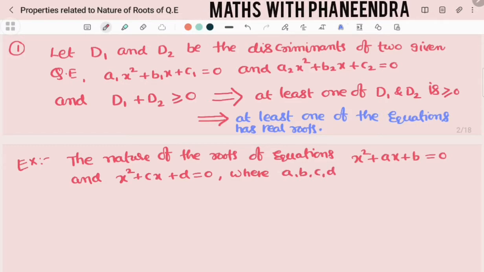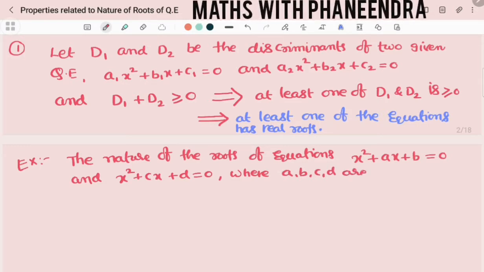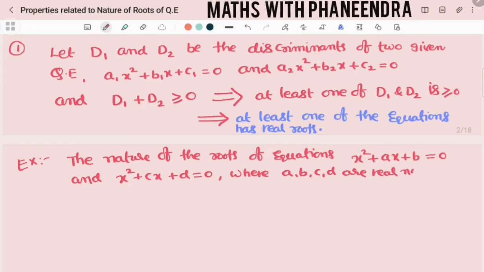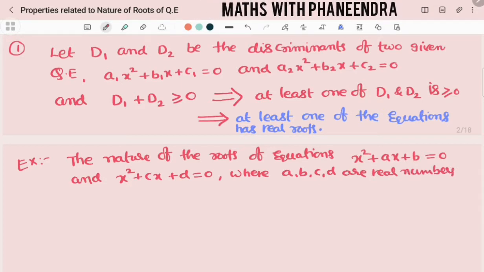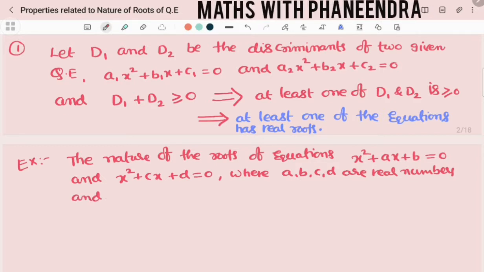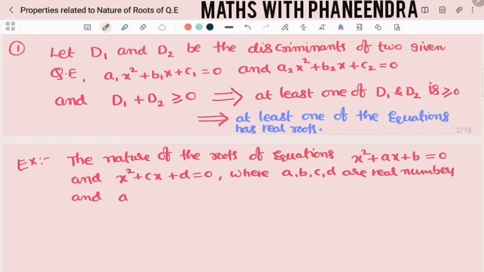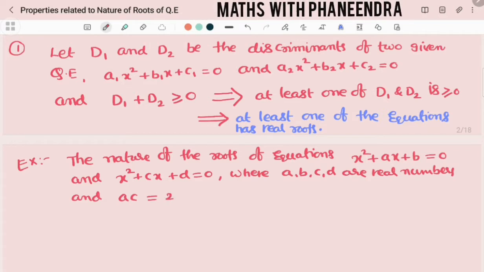And the condition is also there: AC is equal to 2 times of b plus d.